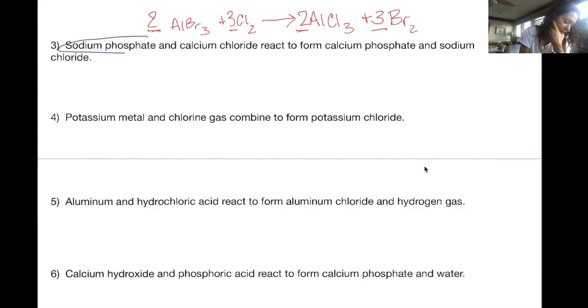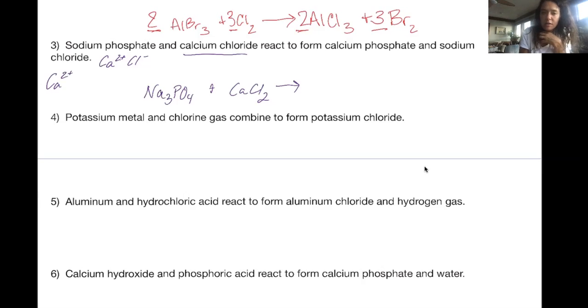Sodium phosphate. It's ionic. You need symbols and charges. We got Na plus, PO4, 3 negative. You should be able to easily see what that comes together to make. All right, and plus sign, right? I'm going to do less this time. Calcium chloride, ionic, symbol charge, CaCl2, react to form, plus calcium phosphate. Phosphate is a polyatomic, PO4, 3 negative.